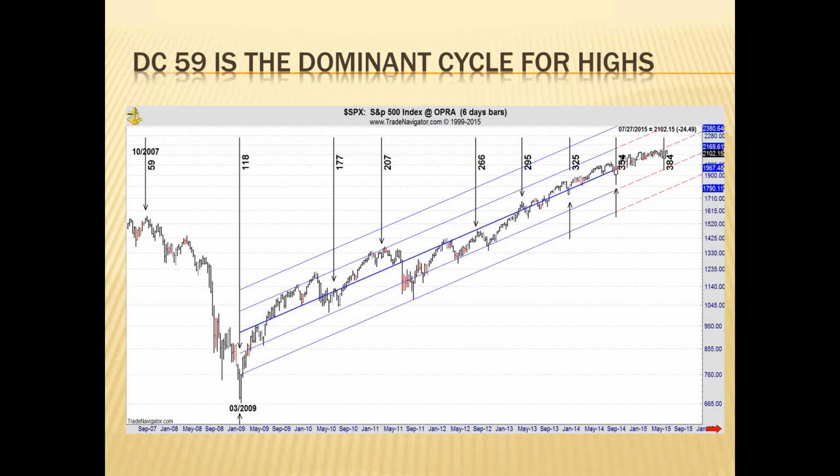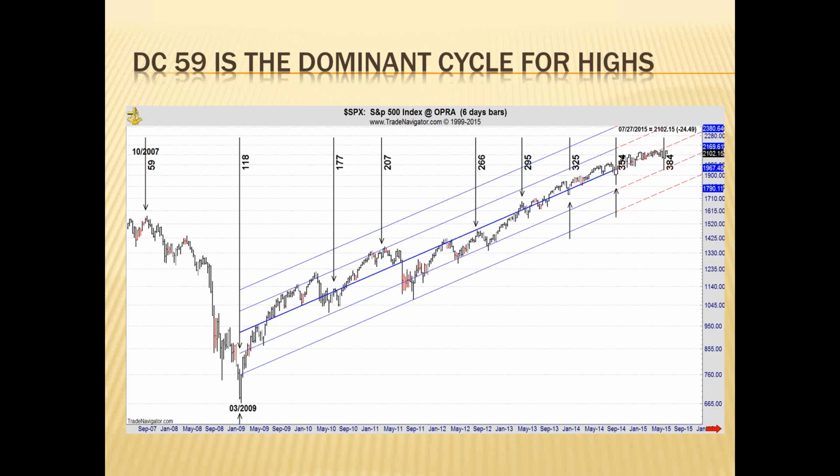And that's because it's valid to start them either at a bar high or low, remember we're talking 6-day bars here, or on the closing high or the closing low, which is often the bar before the chart high or chart low, and that's why they're valid for plus or minus one period. And if you understand that that comes from where the count starts, they're actually pretty much accurate to the day.